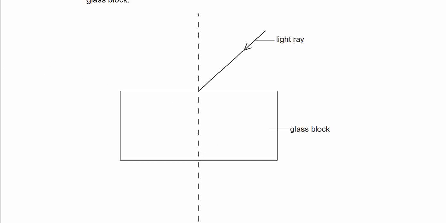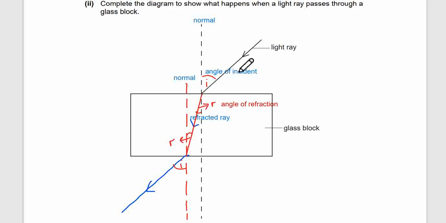Now let's draw that. So we have this light ray, and this is the normal. And we draw that this is bending towards the normal. So this is the angle of refraction, the first one inside the glass block. And from glass block to the air, again it is bending away from the normal, parallel with this one. So this is the first and then second.